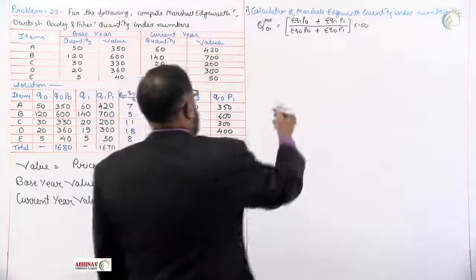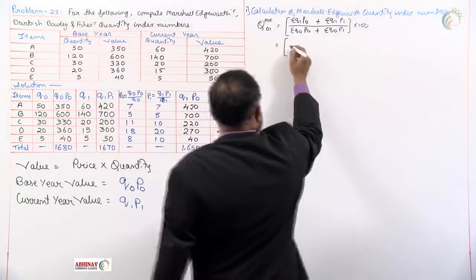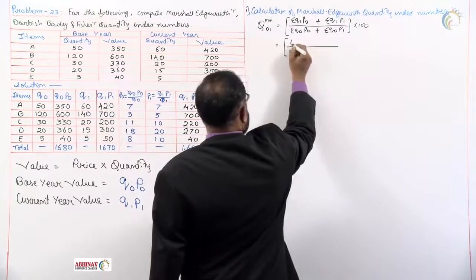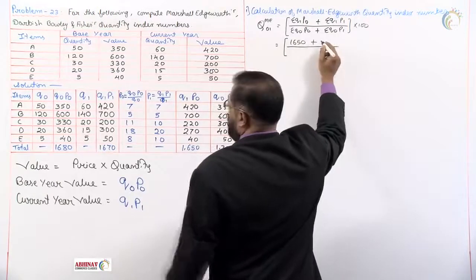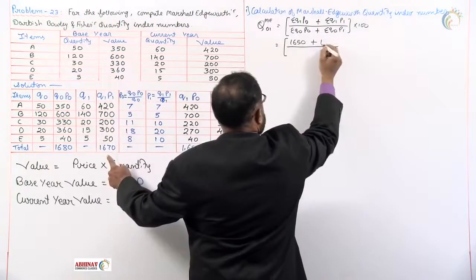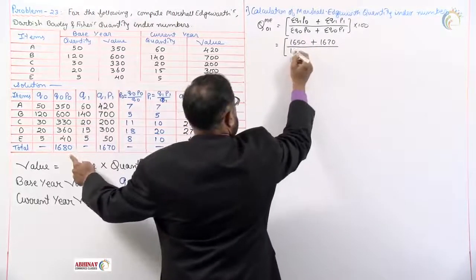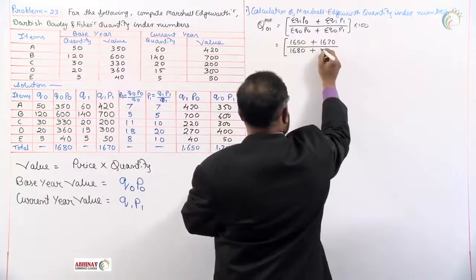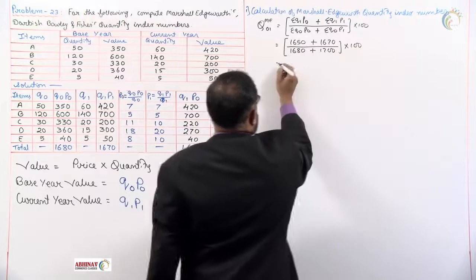We'll substitute the values. How much is Q1 P0? 1650. Plus Q1 P1, 1670, divided by Q0 P0, 1680, plus Q0 P1, which is 1700. This into 100.